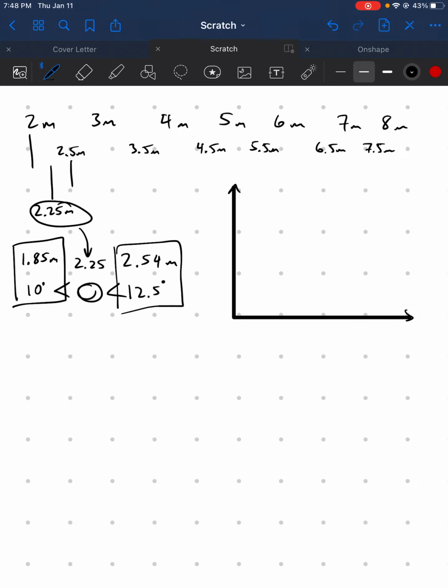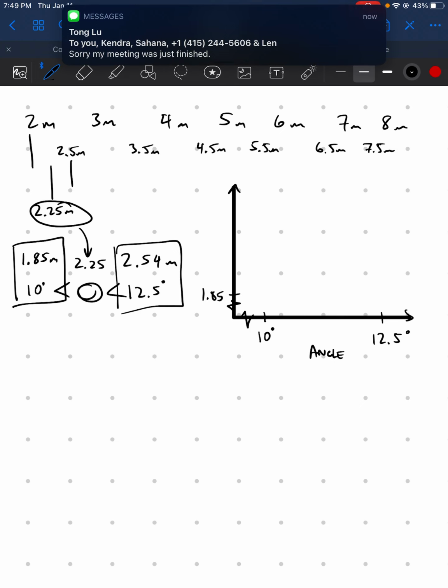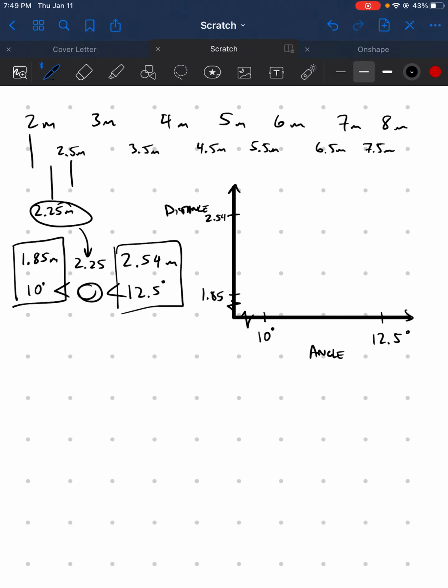We can draw this graph to maybe help visualize this. Our input is 10 degrees. This graph is not to scale. So our input is 10 degrees and 12.5 degrees. And when we do that, we get 1.85 meters and 2.54, right?